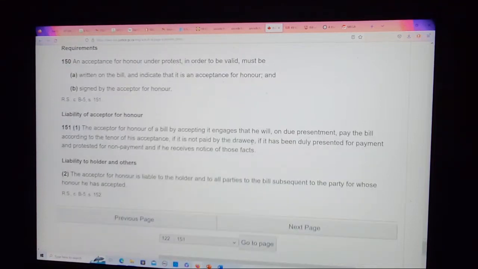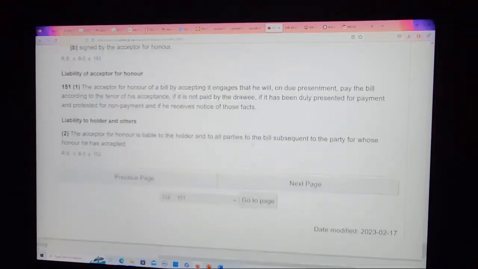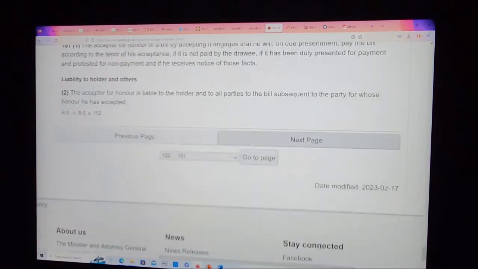Requirements. 150. An acceptance for honor under protest, in order to be valid, must be A, written on the bill and indicate that it is an acceptance for honor, and B, signed by the acceptor for honor. Liability of the acceptor for honor. 151. 1.